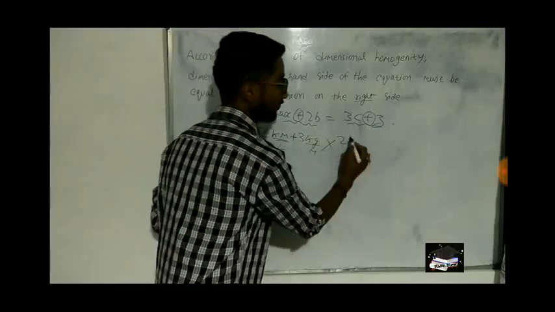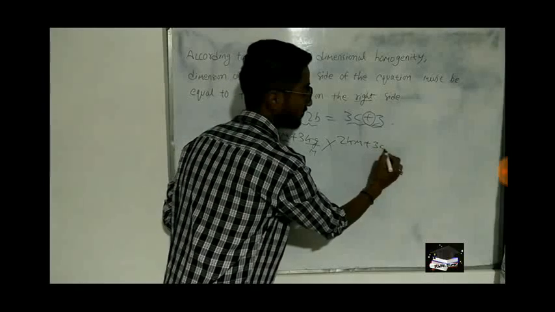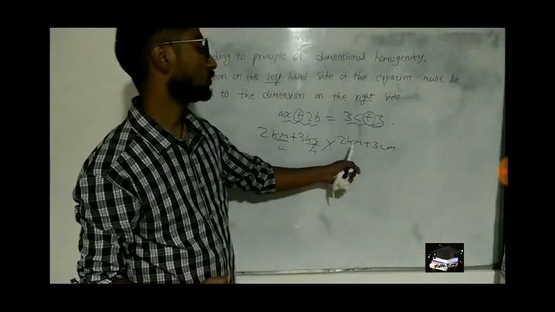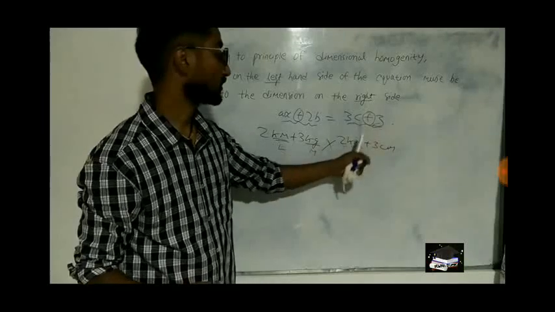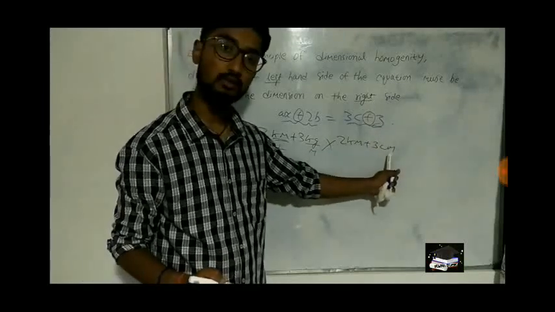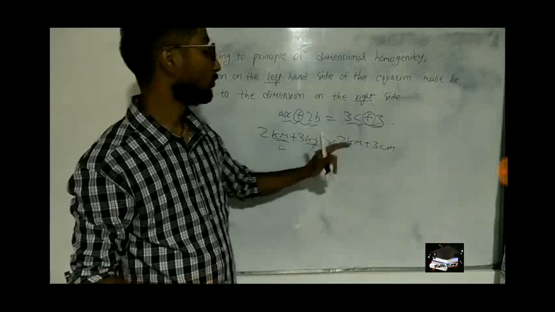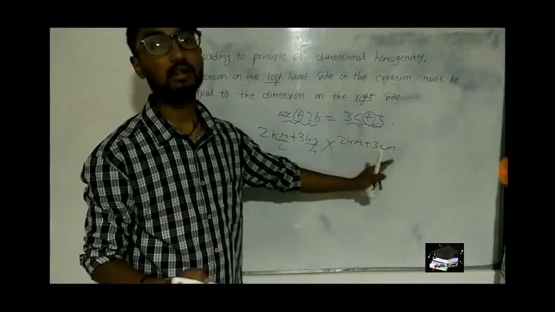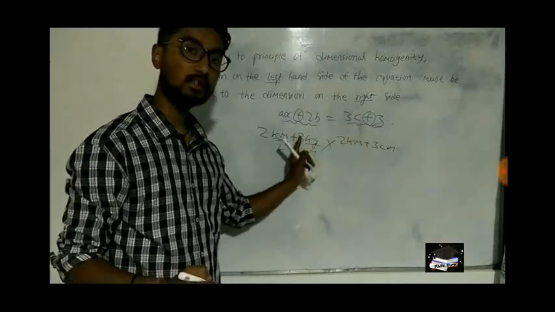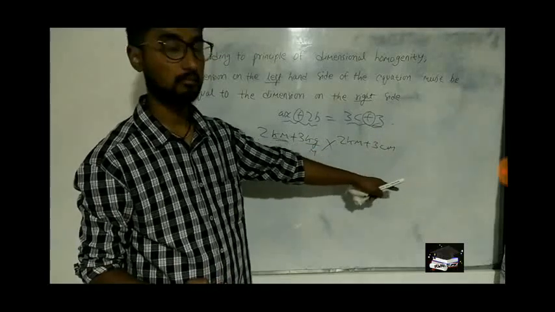For example, we can add 2 kilometer plus 3 centimeter. Why? Because kilometer is also length, centimeter is also length, so we can add them. We can add 10 kg and 30 grams, because 10 kg is also mass, 30 grams is also mass.